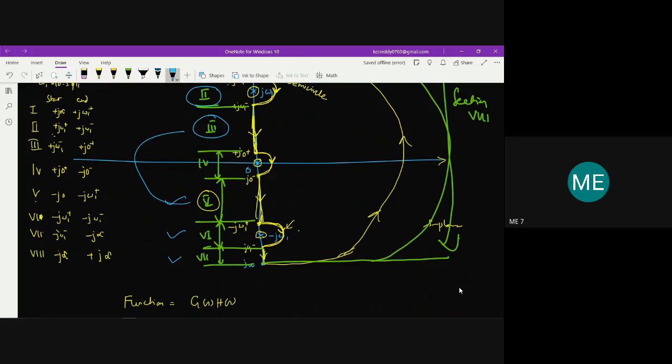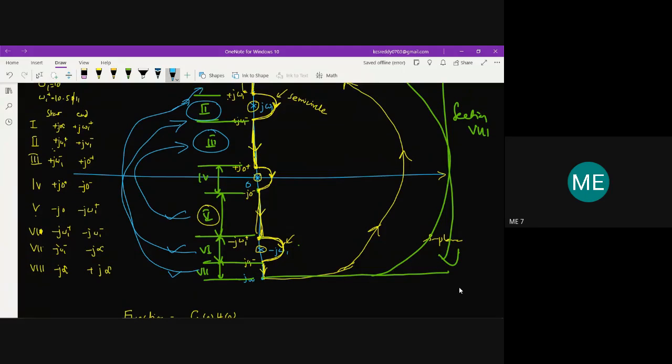Fifth is the mirror image of 3, sixth is the mirror image of 2, and seventh is the mirror image of 1. So once you find out section 1, section 2, section 3, it is enough. We need not find out the fifth, sixth and seventh, we can draw the mirror image of those. So up to section 4, we need to find out.